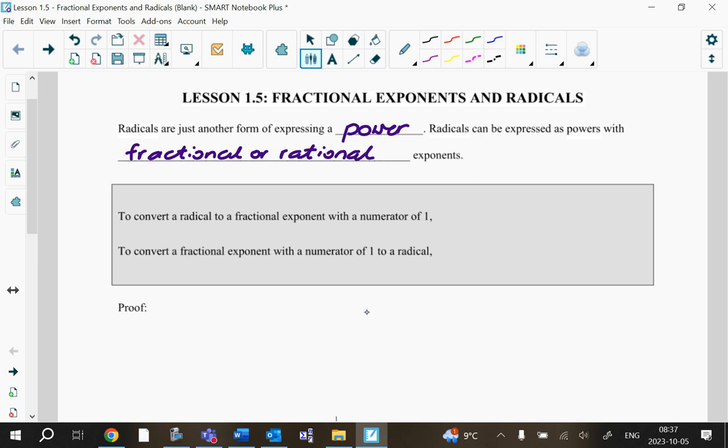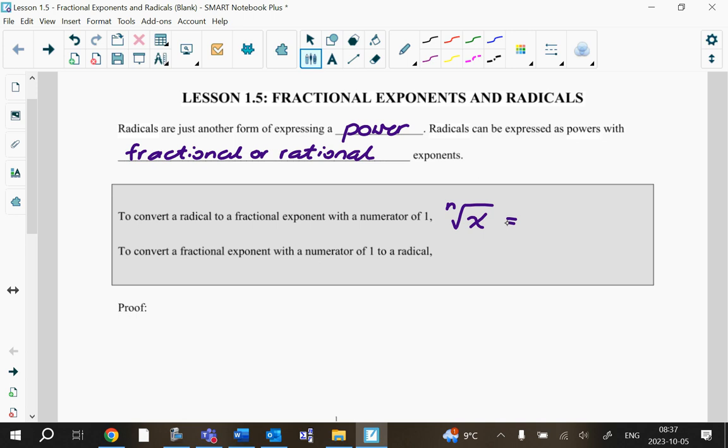So we've already seen how to convert. If we've got some radical and some root outside, how do I write that using a fraction exponent? I just did it in those examples.